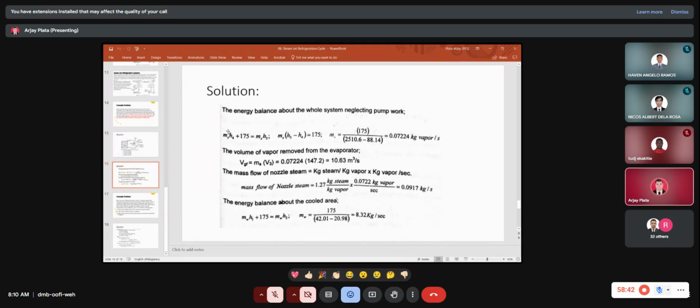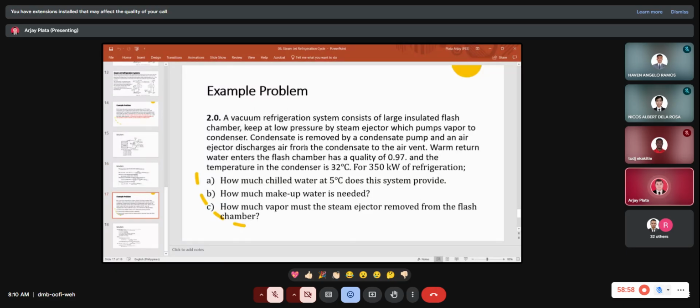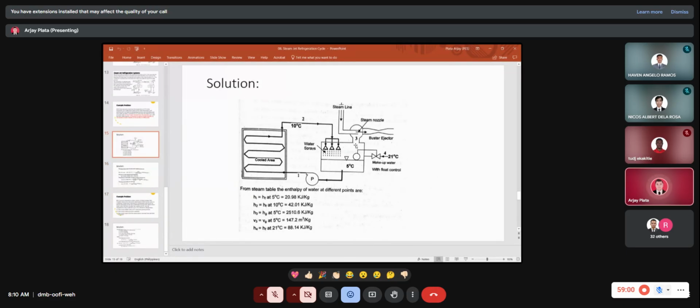M, mass flow rate ng steam, H4 plus 175 equals yung refrigerating effect natin yun equals yung mass flow rate times yung lumalabas ng flash tank. So enthalpy is H3.